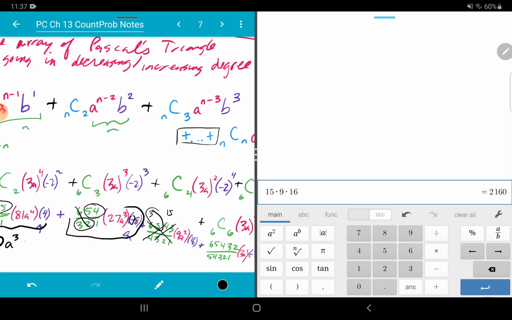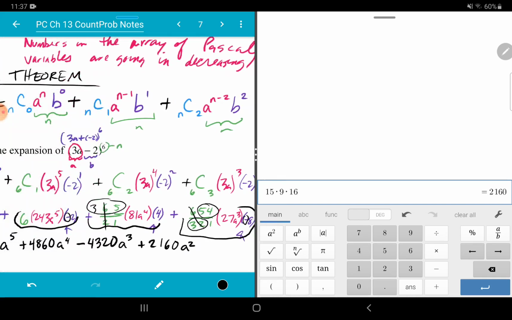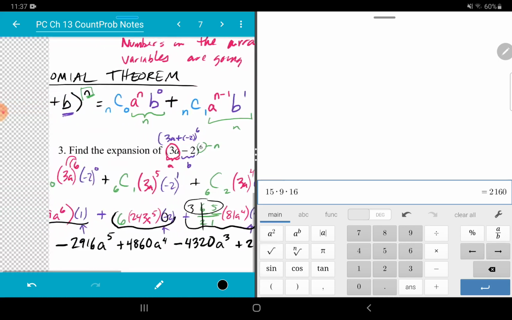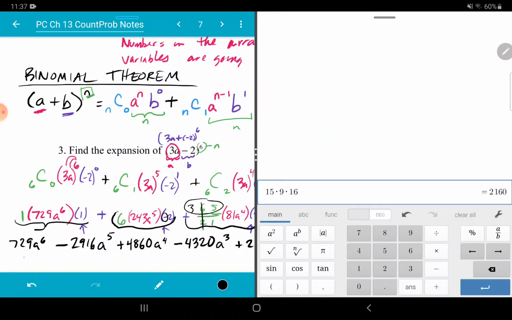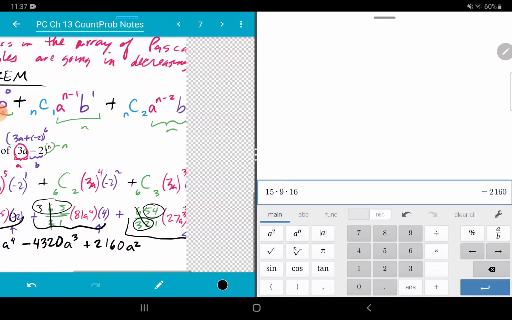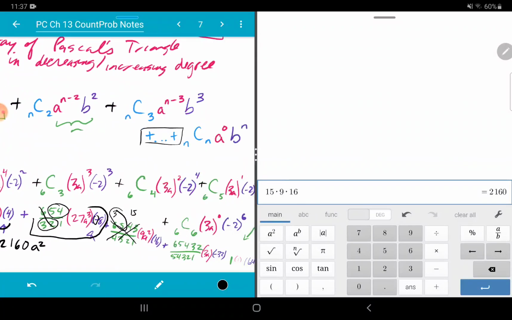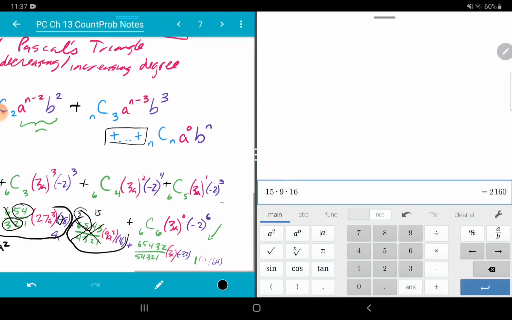Those are all positive values, so plus 2,160 a to the second power. And just to verify, keep in mind, you should have alternating signs because of that negative that was being taken to a power, right? So you should get alternating signs, positive, negative, positive, negative. We're at positive.